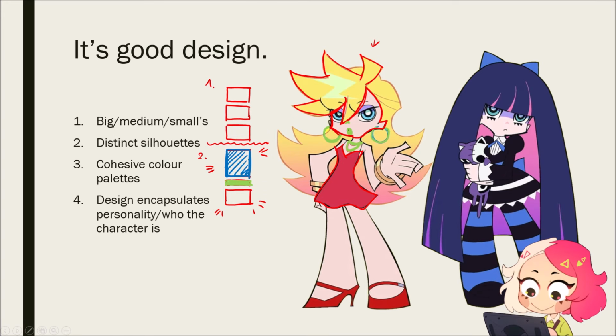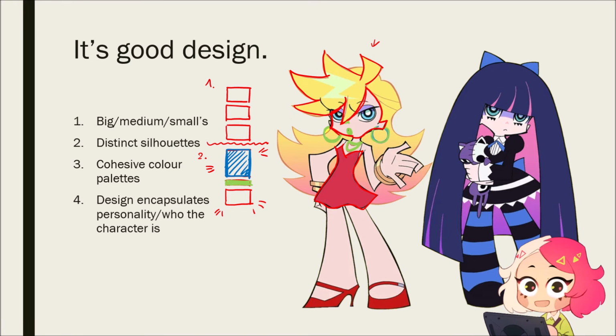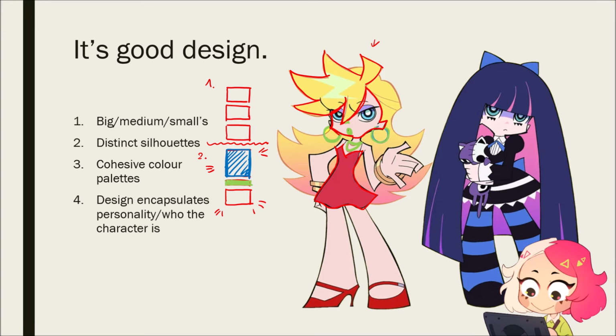But even within the face, and this is relative, this is when talking about the face exclusively, the eyes are the big shape. And the mouth and nose are the small ones. It may seem obvious, but this is the way these things work.